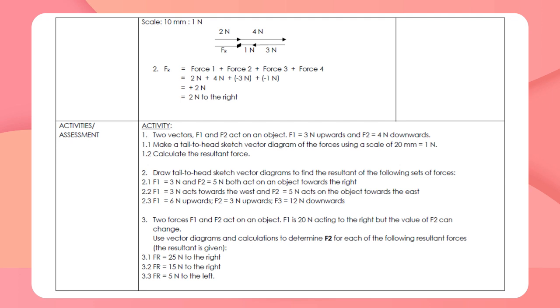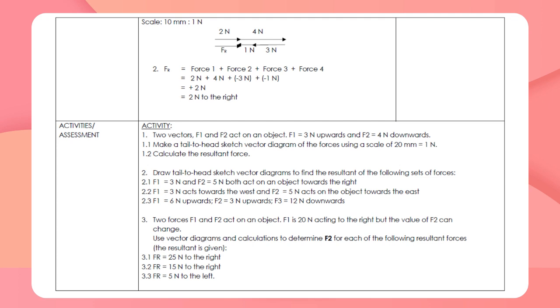Activity/assessment. Activity 1. Two vectors, F1 and F2, act on an object. F1 equals 3N upwards and F2 equals 4N downwards. 1.1 Make a tail-to-head sketch vector diagram of the forces using a scale of 20 mm equals 1N. 1.2 Calculate the resultant force. 2.